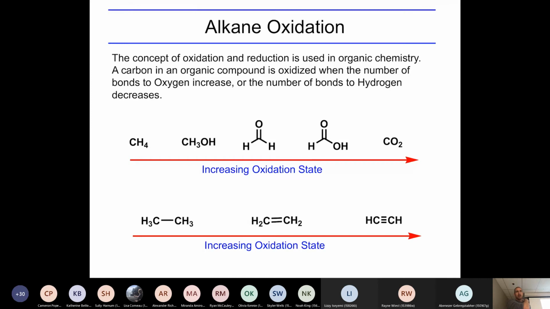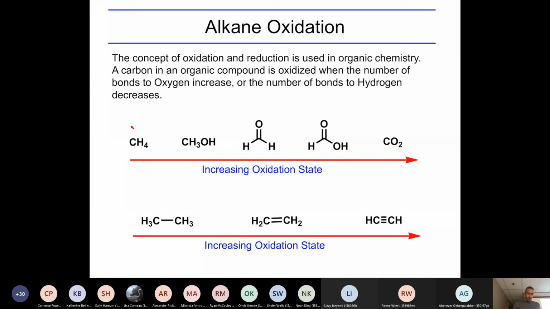Typically, what we do instead to talk about oxidation of carbon, at least, is count the number of bonds from oxygen to carbon and hydrogen to carbon. So we think of oxidizing a carbon as increasing the number of bonds to oxygen or decreasing the number of bonds to hydrogen.